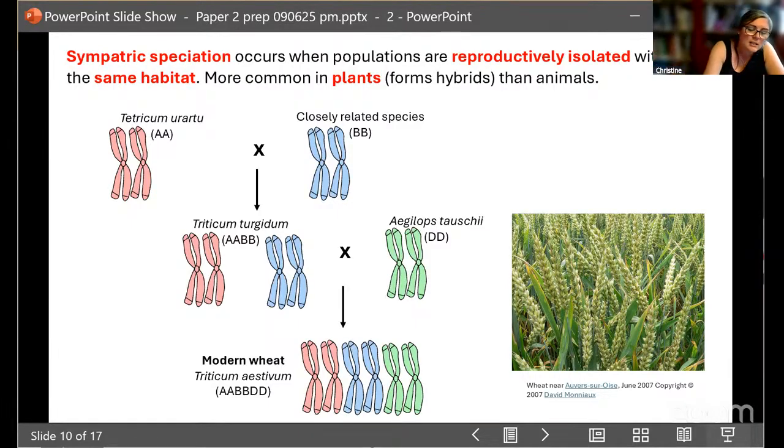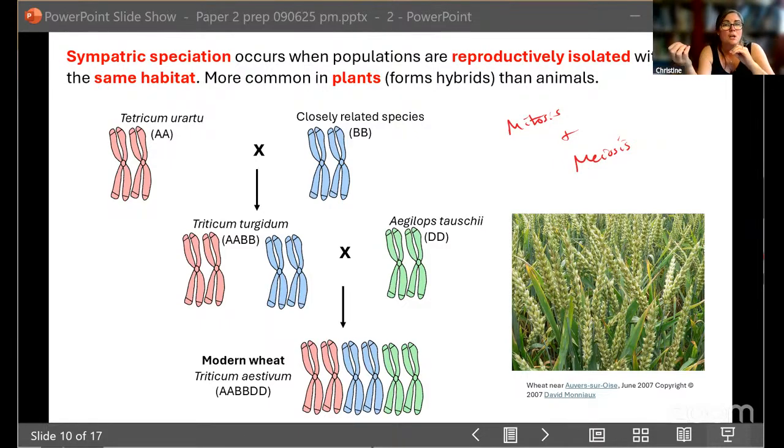So just to keep you in the loop, reminding yourselves, module 2 is about mitosis and meiosis. So this is where they could bring in mitosis and meiosis and assess your understanding on that if you're looking at how the reproductive isolation comes into play.